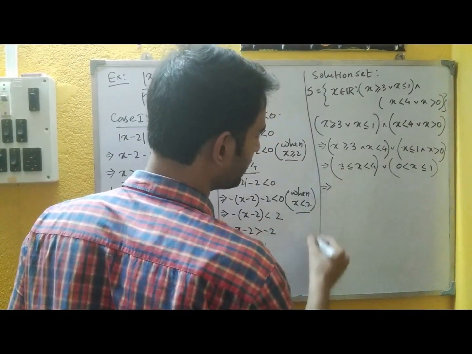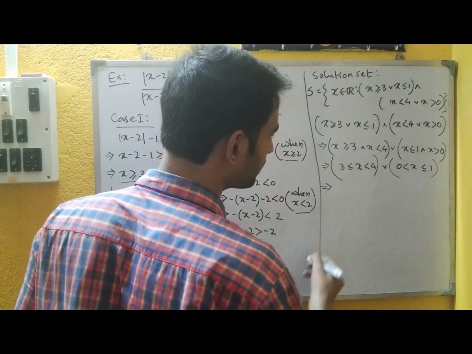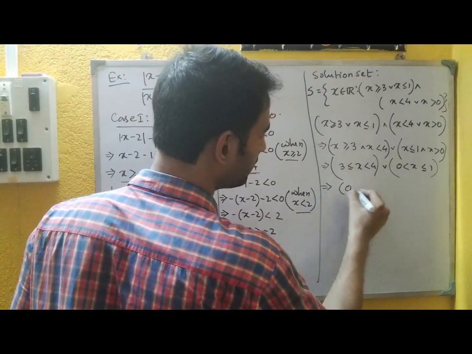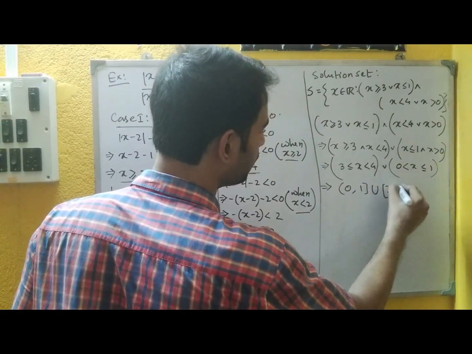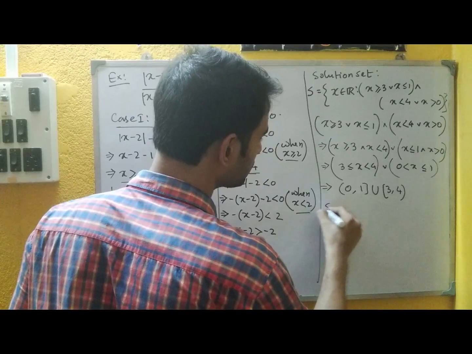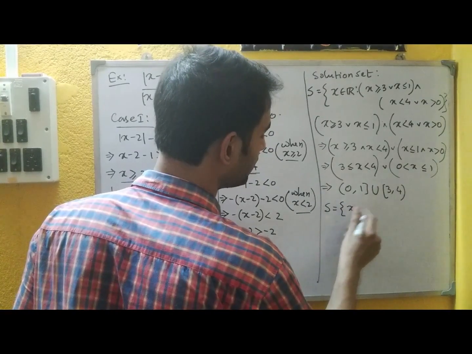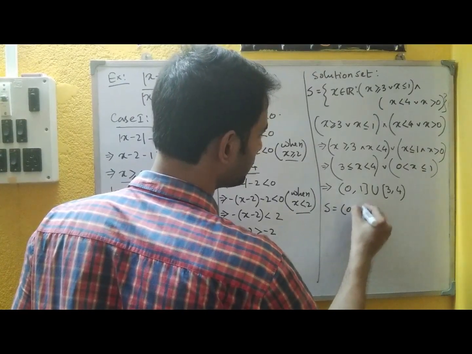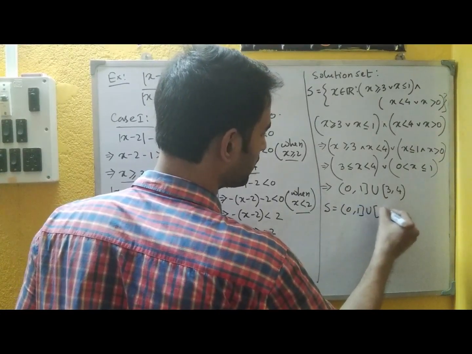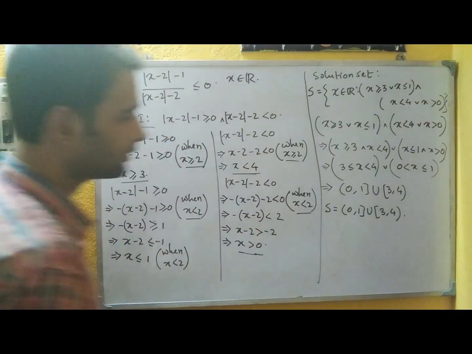So from here we can write the intervals like open interval 0, closed 1, union, closed 3, open 4. So the solution set will be represented by this union of two intervals like this.